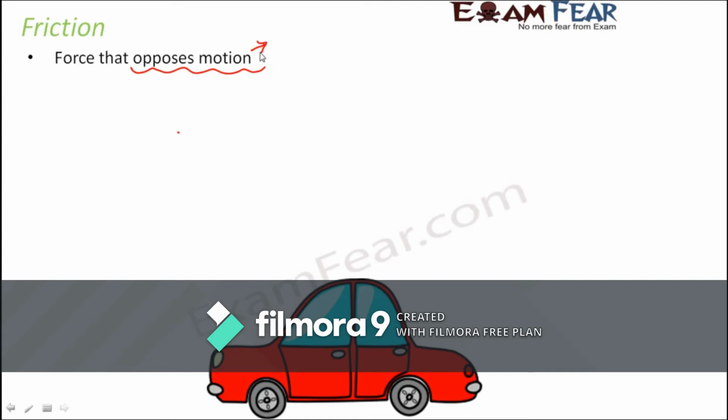It stopped on its own due to friction, because there was a frictional force between the surface on which the car is moving and the wheels of the car. This frictional force is trying to oppose motion and slow down the movement. And finally, when the frictional force could dominate, it stopped the motion completely.